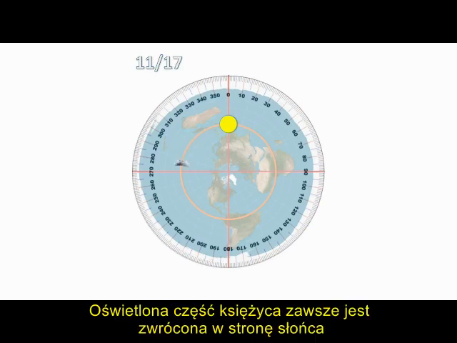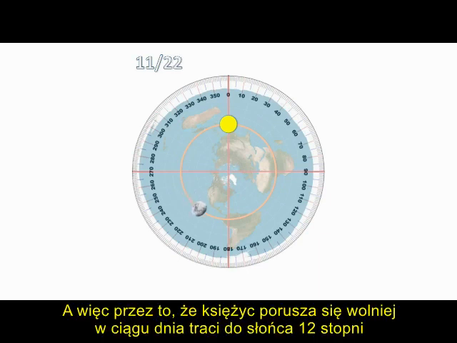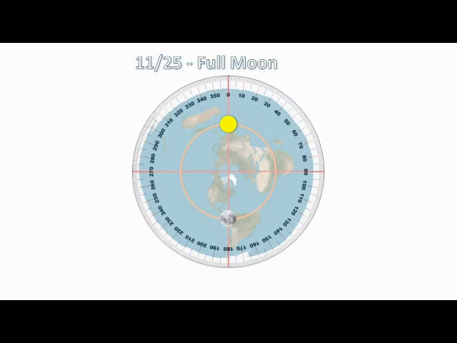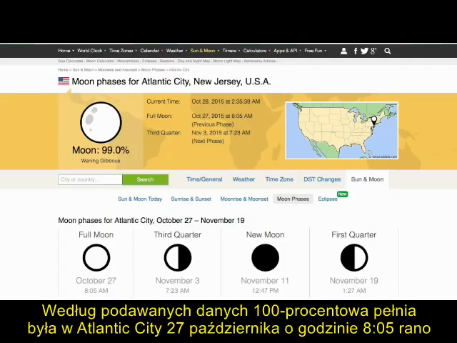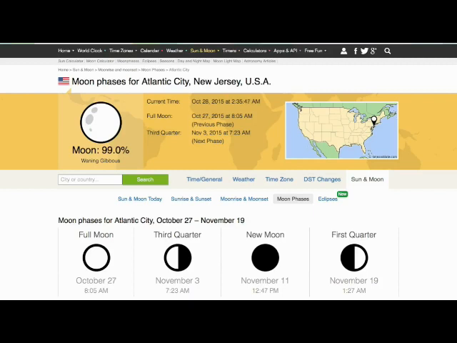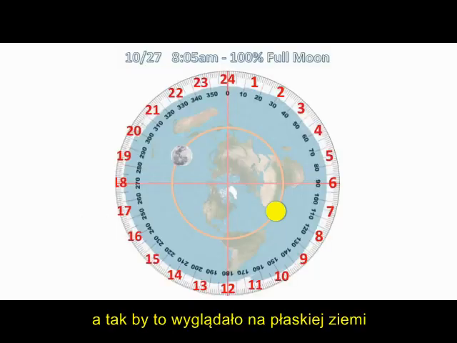The lit side of the moon always faces the sun. So because the moon is slightly slower than the sun, it loses 12 degrees per day. And the change in the moon's positioning in the sky relative to the sun causes the lunar phases. Now, technically, the 100% full moon in Atlantic City was on October 27th at 8:05 a.m. And this is what that would look like on the flat Earth.